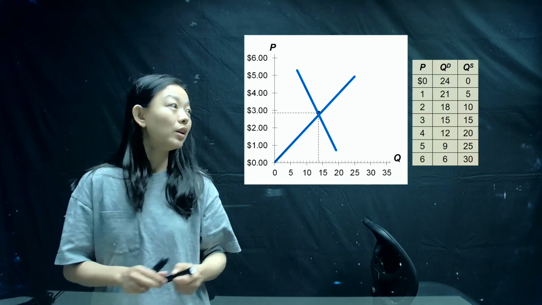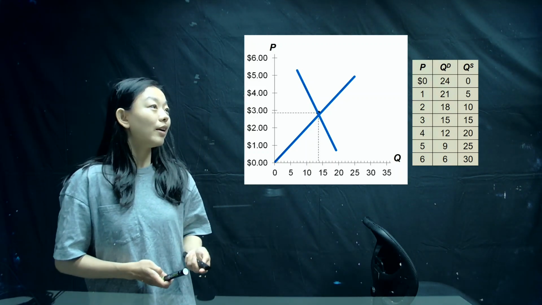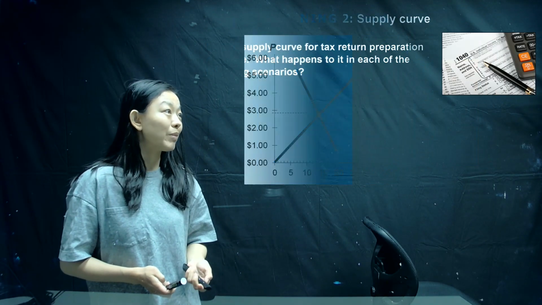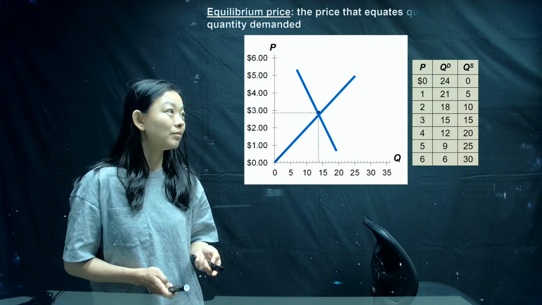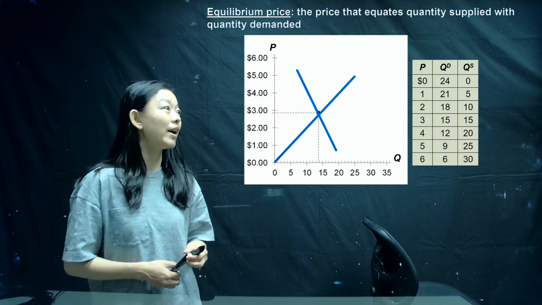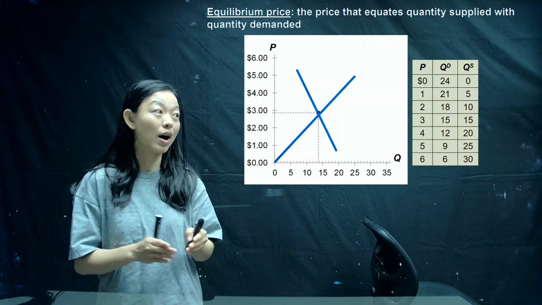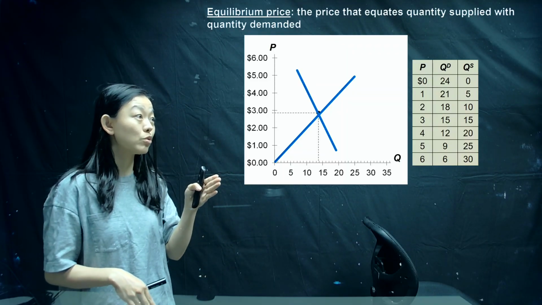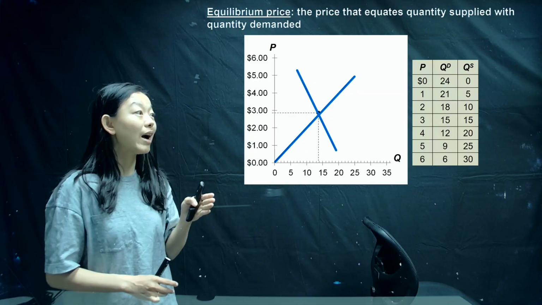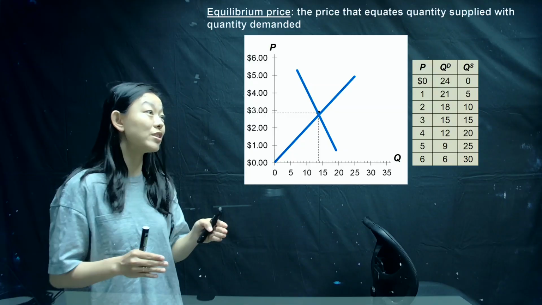In this graph we have the market equilibrium price. The market equilibrium price is the price that makes quantity demanded equal quantity supplied. From this table, you can see that when the price equals $3, quantity demanded equals quantity supplied, both equal to 15 units.